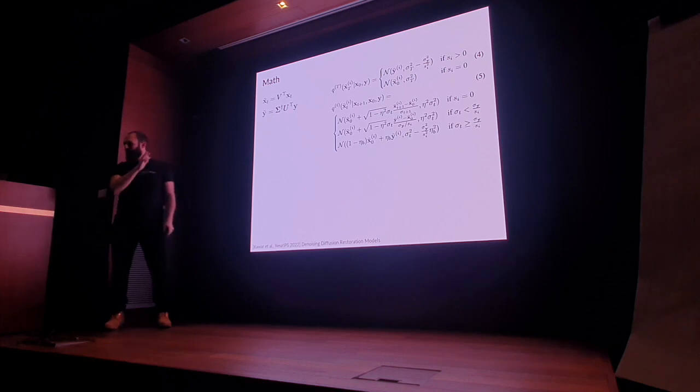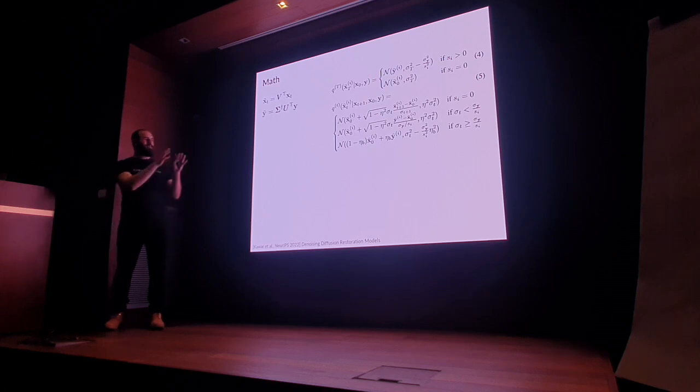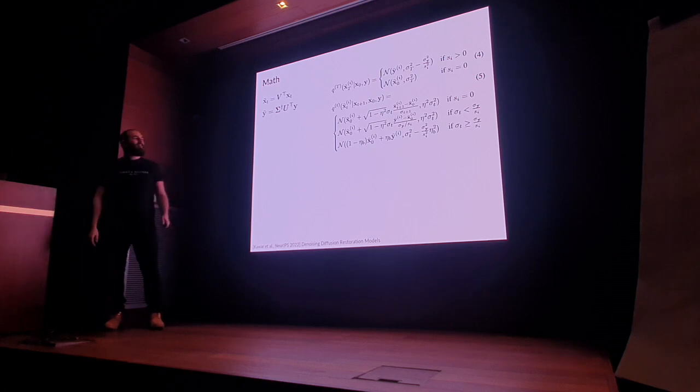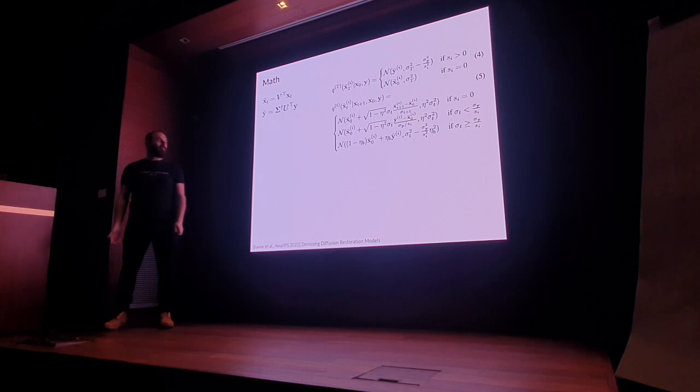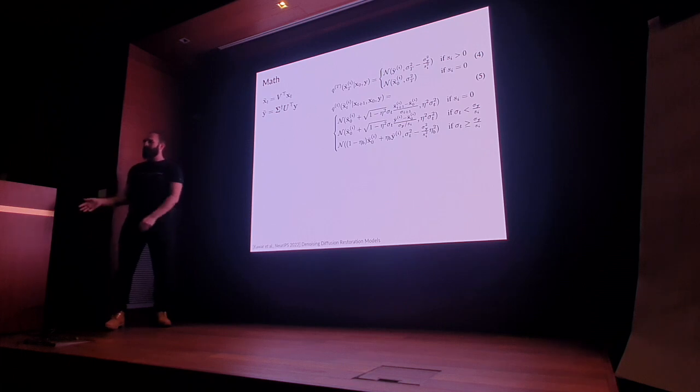I'm not going to go over everything. Of course, we don't really have to delve into all the different symbols here, but there are important things to notice. We have these 3 cases. These are the same 3 cases we discussed in the denoising and inpainting study, where there's a case where the singular value is 0, so that's the same as us not having any information about the pixel.